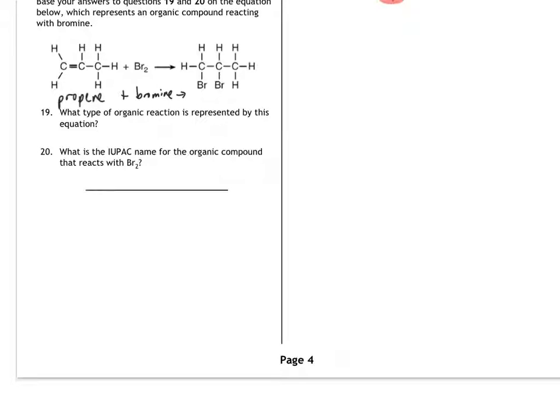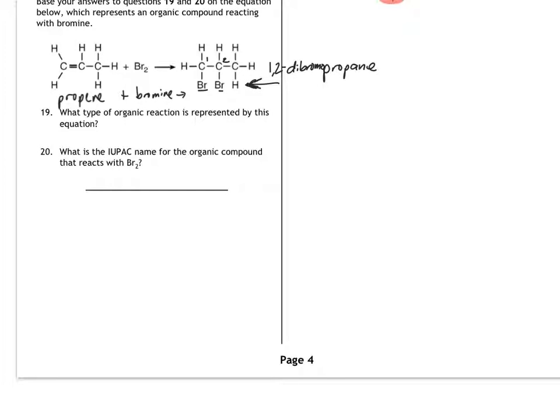And this molecule is going to have the ending propane, but this is carbon 1 and this is carbon 2, and we have 2 bromines on those. So we're going to say dibromo, and it's on carbon 1 and on carbon 2. So 1,2-dibromopropane is this product.